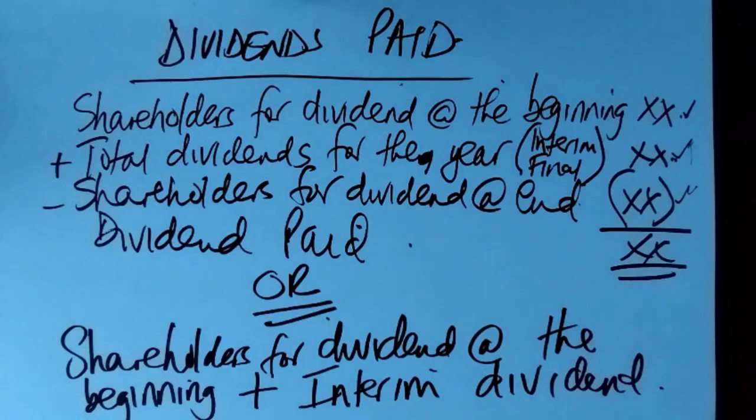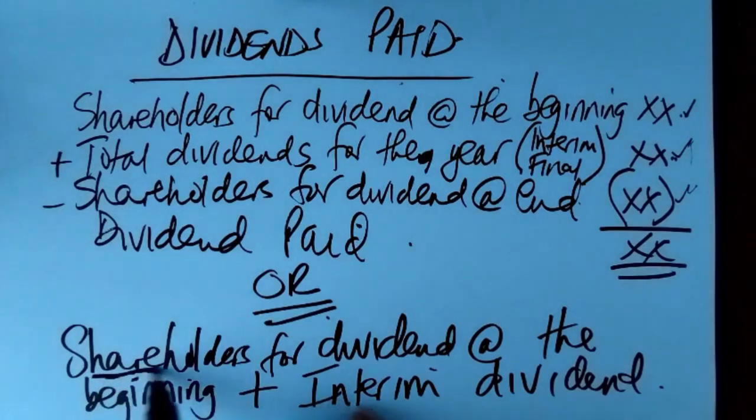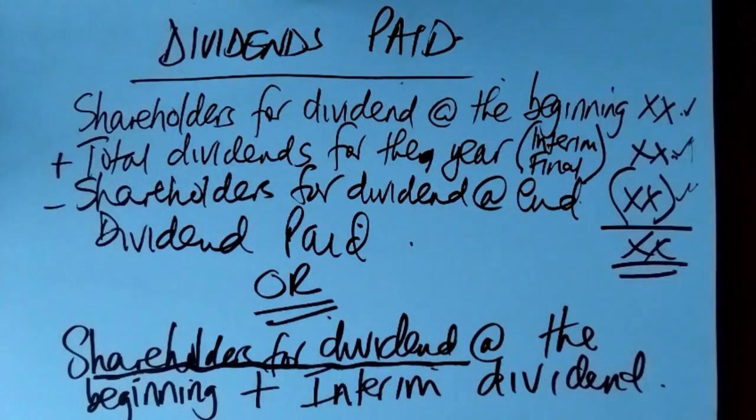These processes happen after year-end, meaning shareholders for dividend for the particular year is never paid in the same year. It can only be paid in the following year. Now, the implication is that in any particular year, you always pay your shareholders for dividend of last year and the interim dividend of the current year.